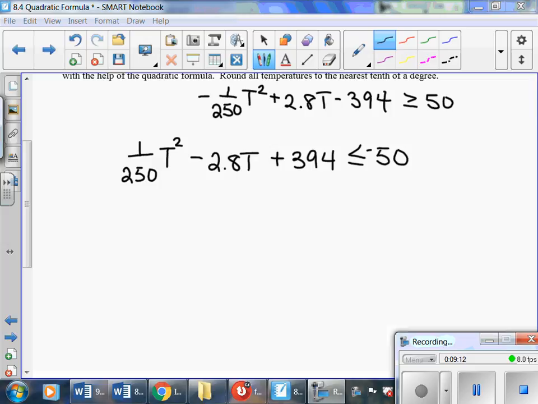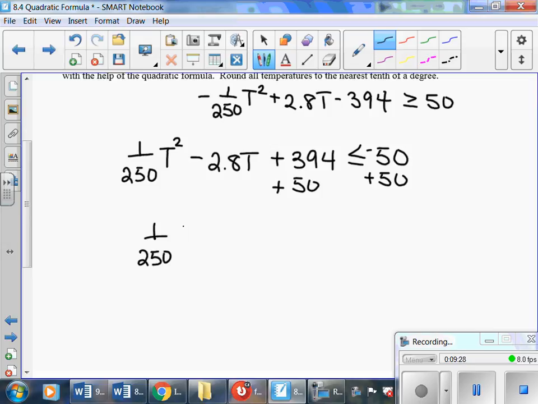All right, so we should always know when we're solving a quadratic, we have to have it equal to 0. So basically I'm going to add 50 to both sides, and I'm going to get 1 over 250 t squared minus 2.8 t plus 444 is less than or equal to 0.